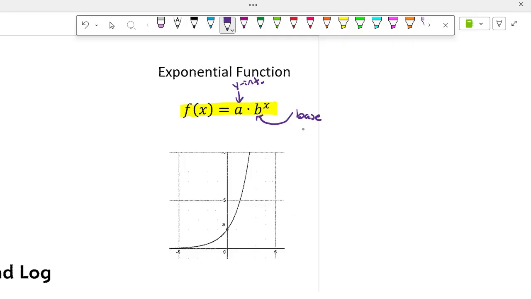It's also known as your common ratio. And x will always be in the exponent. If x is not in the exponent, it is not an exponential function. That's why it's called exponential, because your input is actually in the exponent.